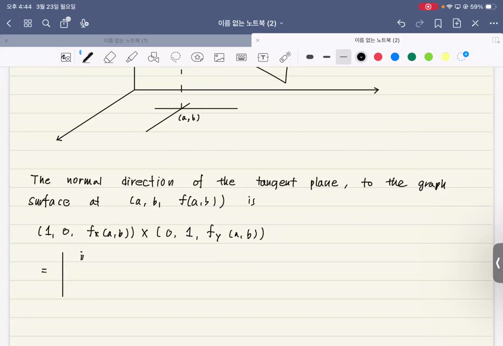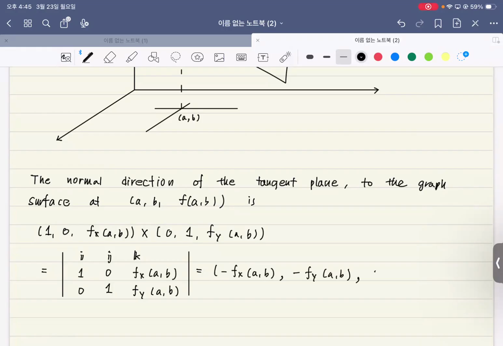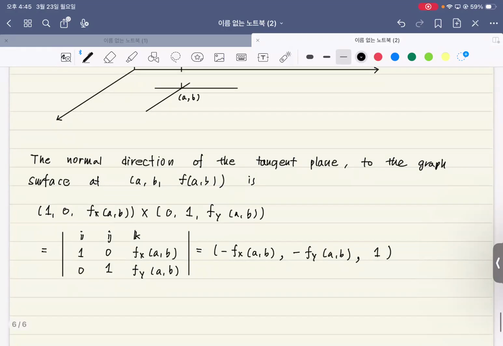Now we have to do the cross product: i, j, k; 1, 0, fx(a, b); and 0, 1, fy(a, b). So this is (-fx(a, b), -fy(a, b), 1). Right? So this is the normal direction, right?